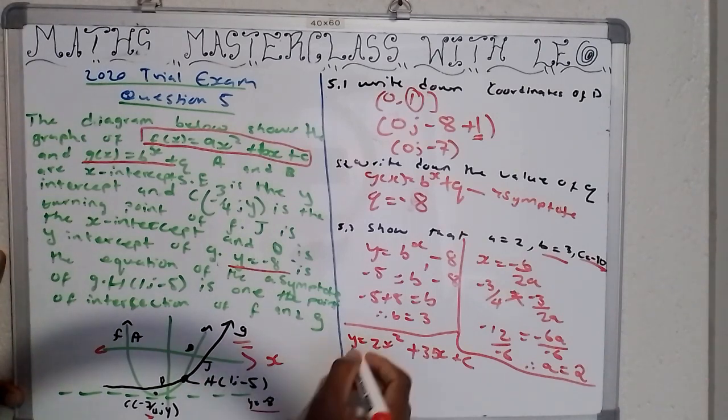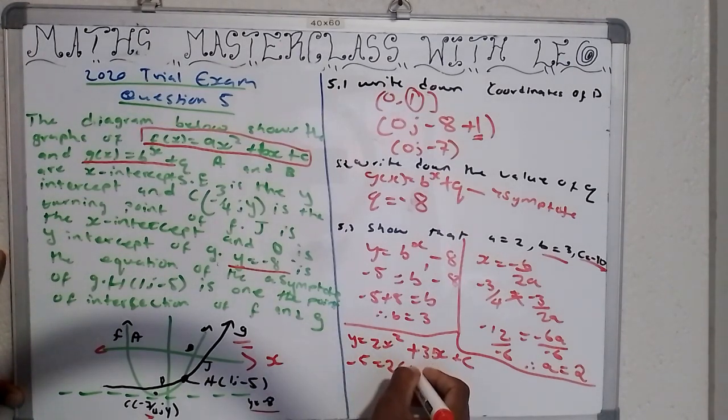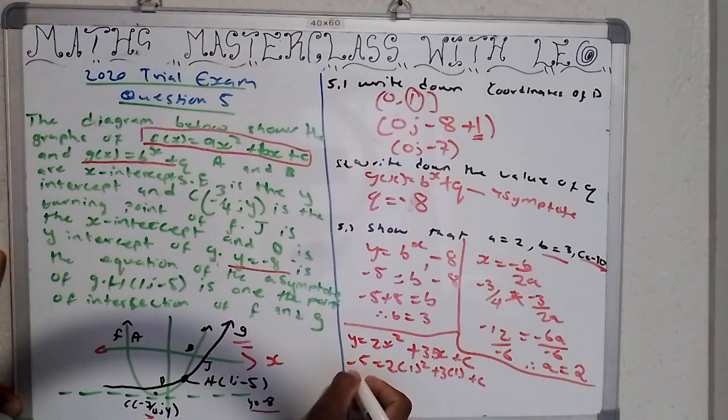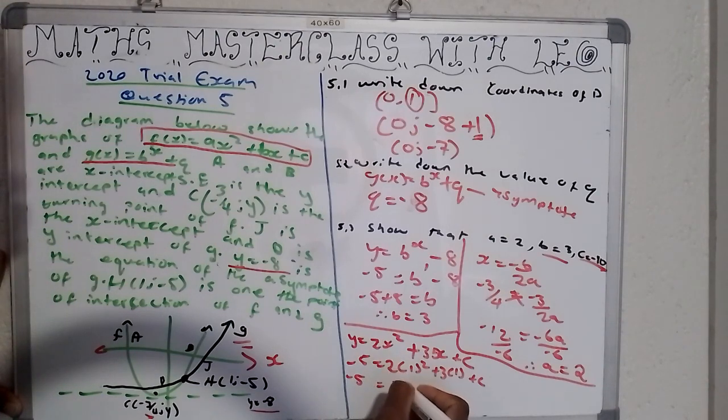So I can say -5 is equal to 2 into 1 squared plus 3 into 1 plus c. Then I'm going to have -5 is equal to 2 plus 3 plus c.